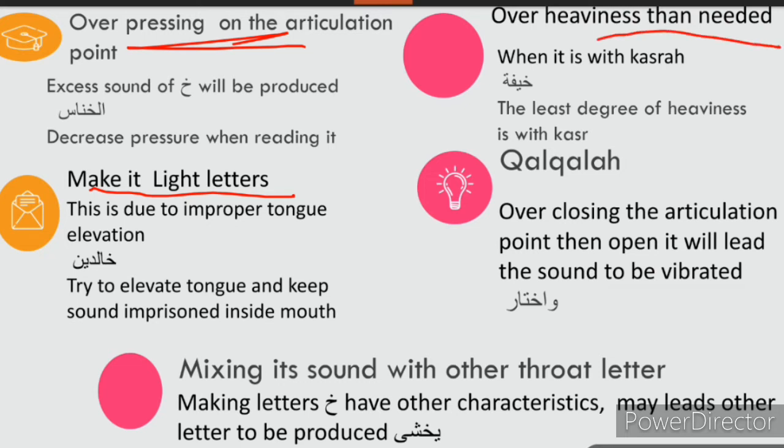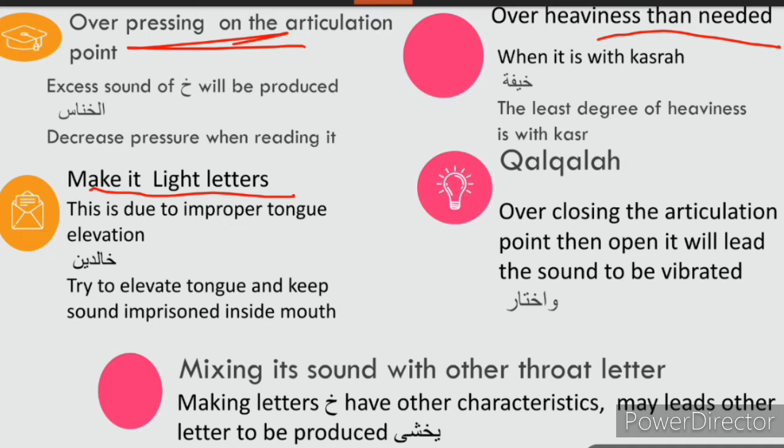We know that Kha is from the heavy letters, and the heavy letters have levels. And from these levels, the least level is when the letter is with kasra. So if we have, for example, khifah, we have to read it as khi, not khoi.